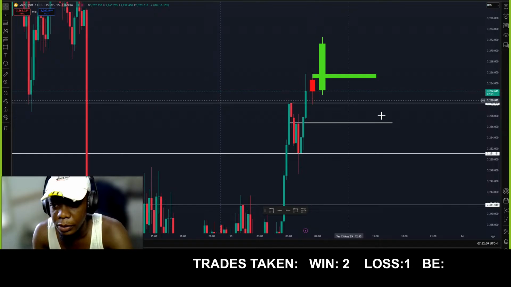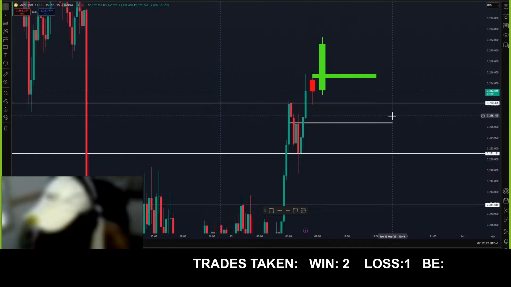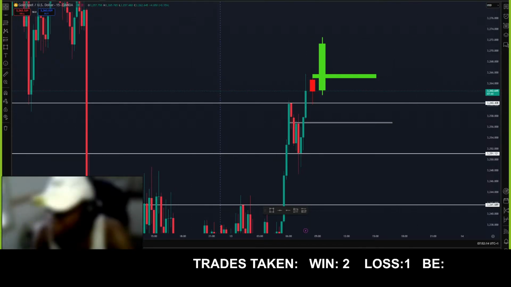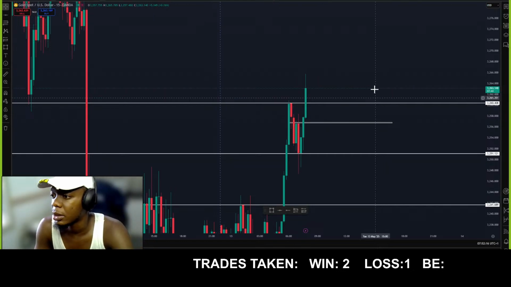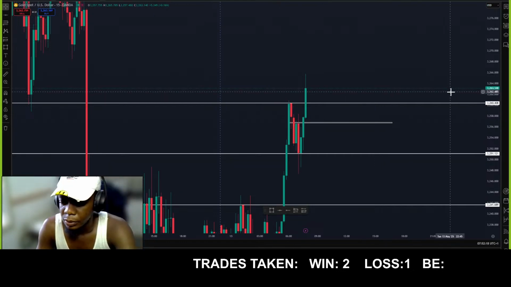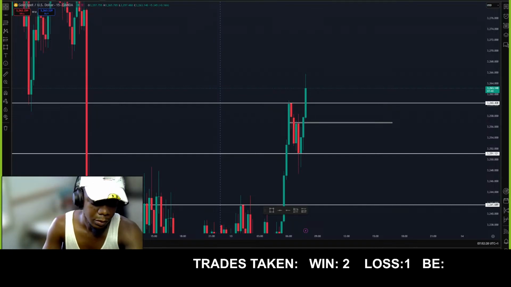So we're getting a pullback, which is good. Let's see how it goes. Let's wait.